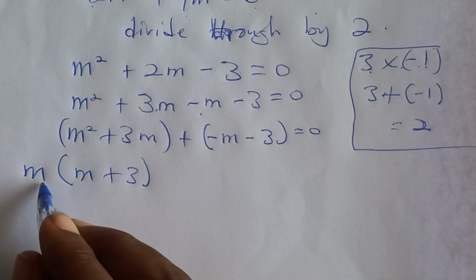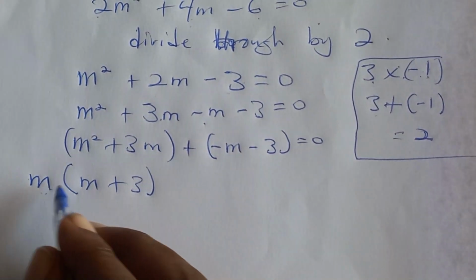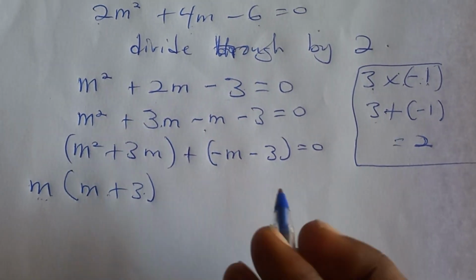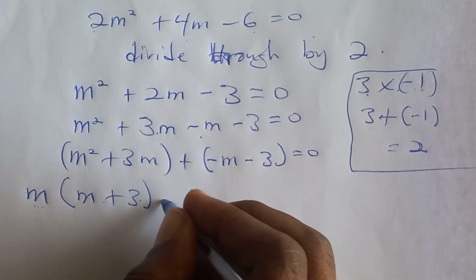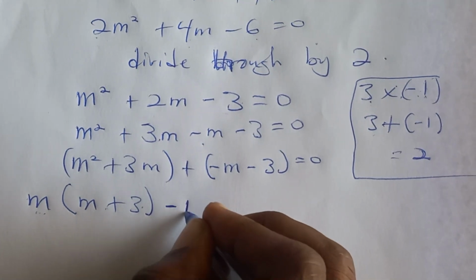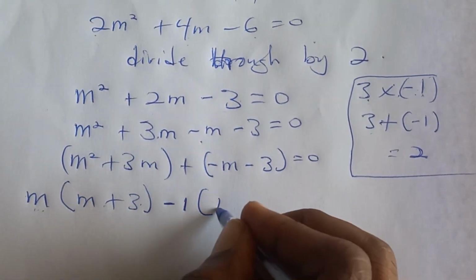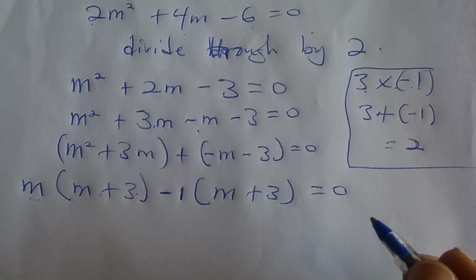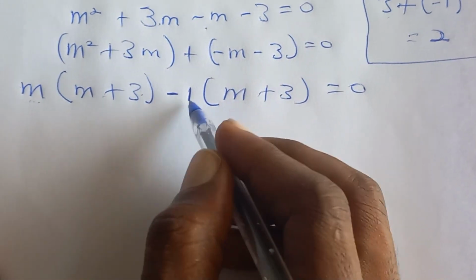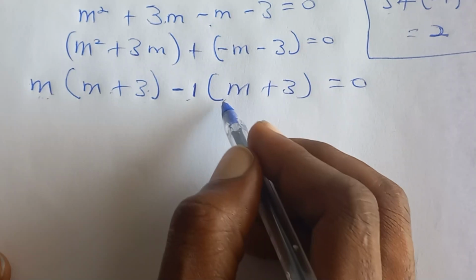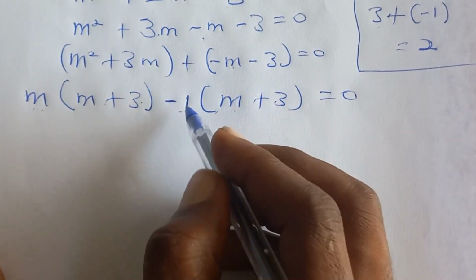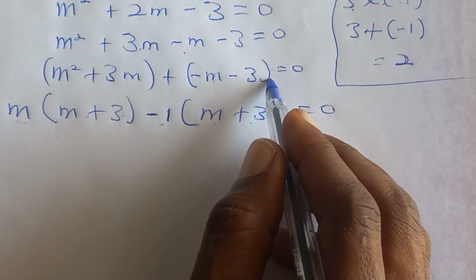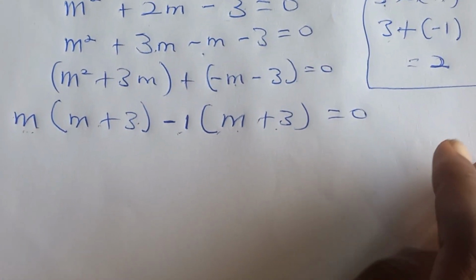So m times m will give us m squared. m times 3 is 3m. So we are getting it back. It means we are correct. Then here, you can factorize out -1 into bracket m plus 3 is equal to 0. So you can also get back this expression. -1 times m is -m. -1 times 3, you are getting -3 back. So this expression is correct.